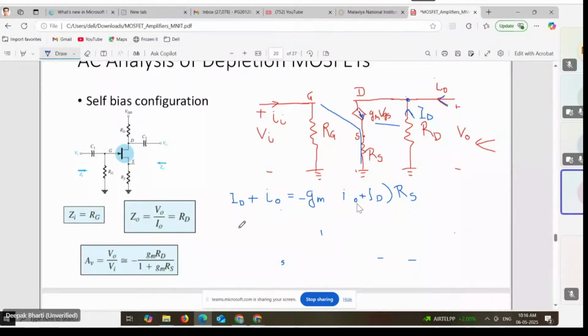ID terms collected on the left-hand side will be 1 plus gmRS, and minus I naught times 1 plus gmRS.